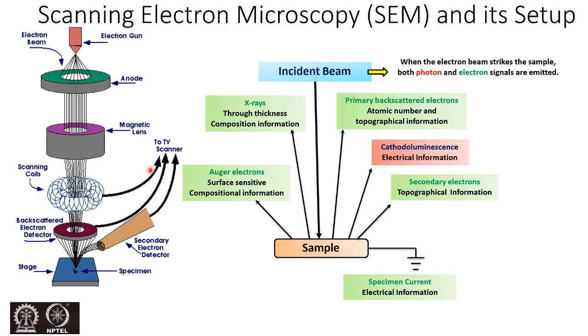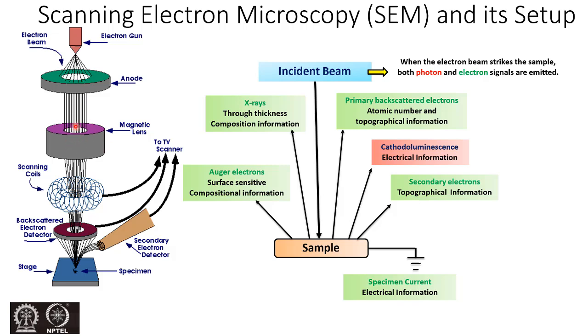So now let's look at the scanning electron microscopy and its setup. Here we have an electron gun, and with the help of these magnetic lenses, here we have an anode, and from the electron gun the electrons are coming towards the anode, and this is the beam.